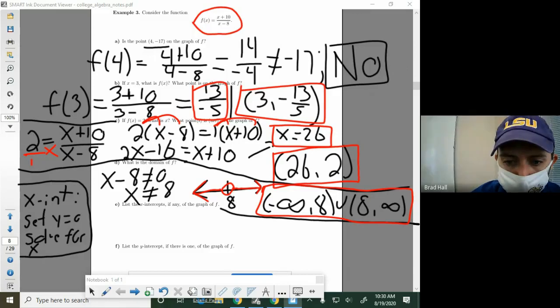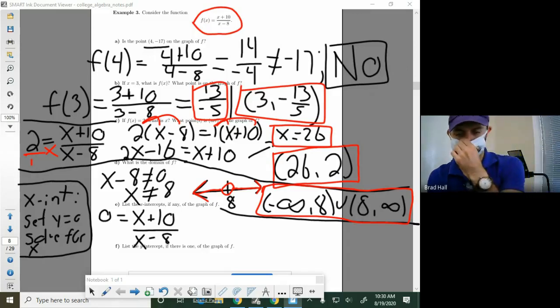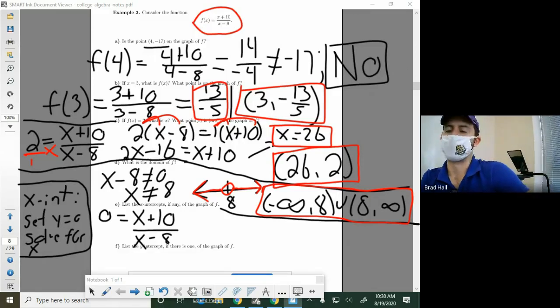So if you set y equal to 0, you get 0 is equal to x plus 10 over x minus 8. You're setting the equation equal to 0, in other words.